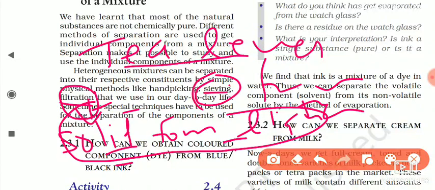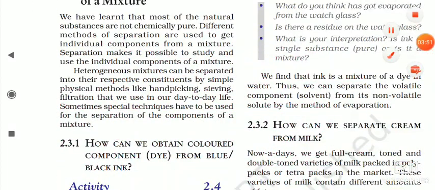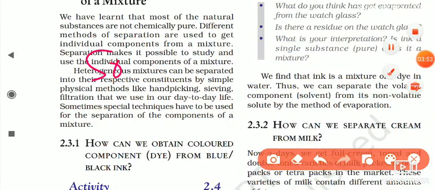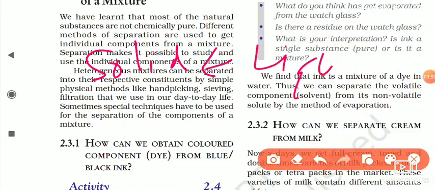But sieving can be used to separate solid from liquid, or solid from some other substances. But filtration is used only for separating the solid substances from liquid. This is the basic difference.